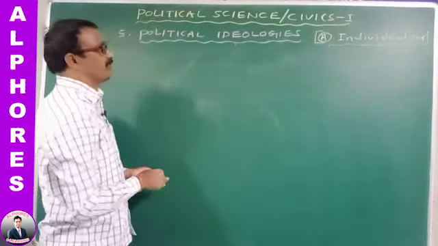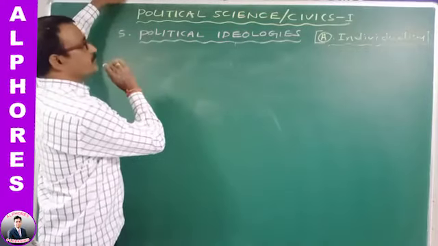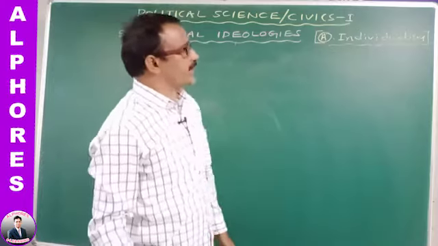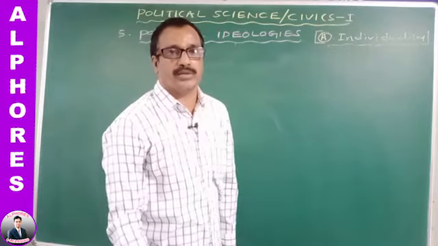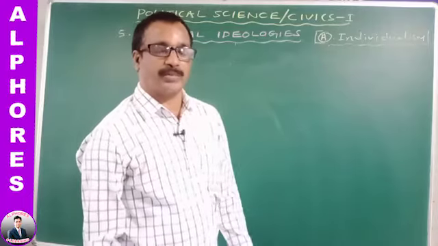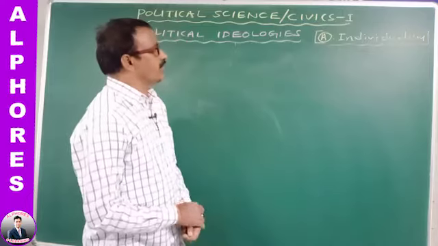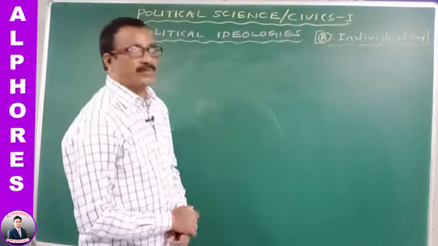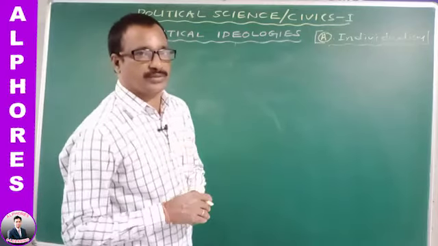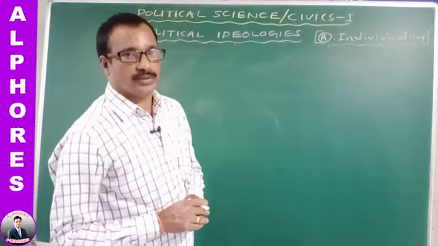Now, individualism. The first theory is individualism. Actually, this theory was developed as an economic theory. Who developed it as an economic theory? First of all, Adam Smith and some other classical Western economists like David Ricardo.